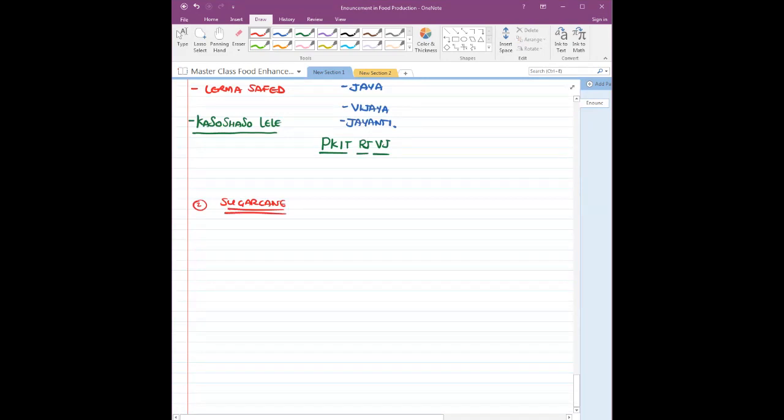Especially in India, we have two types of sugarcane. One is Saccharum barberi and the other is Saccharum officinarum.